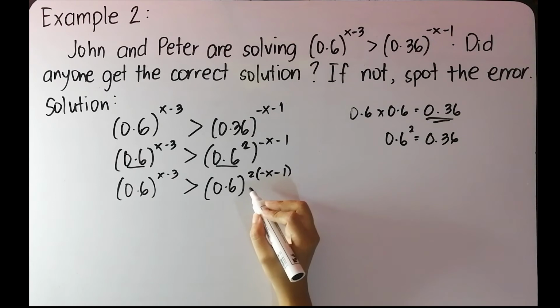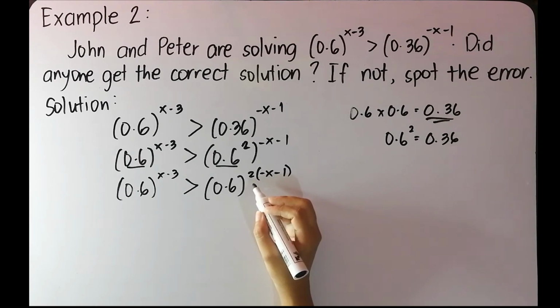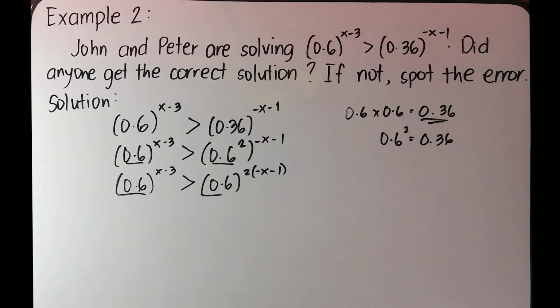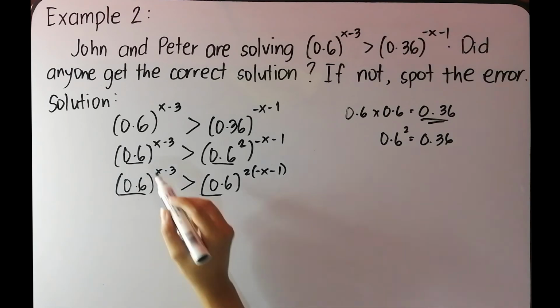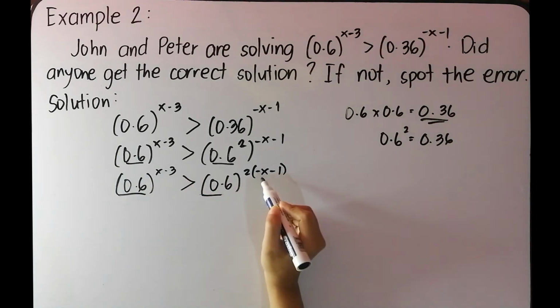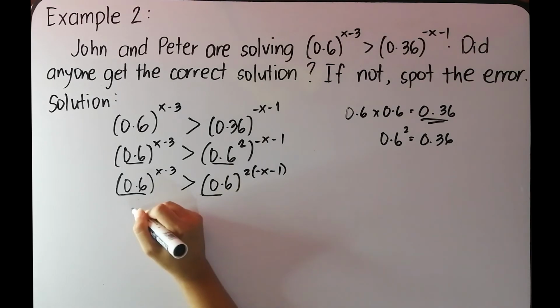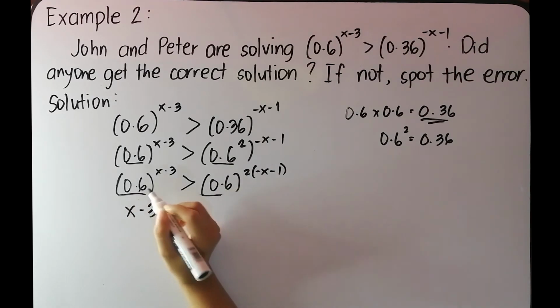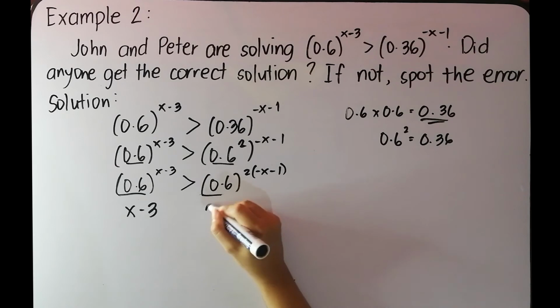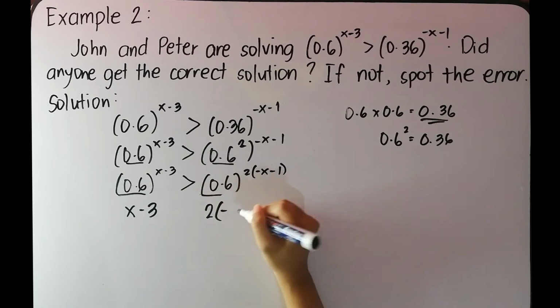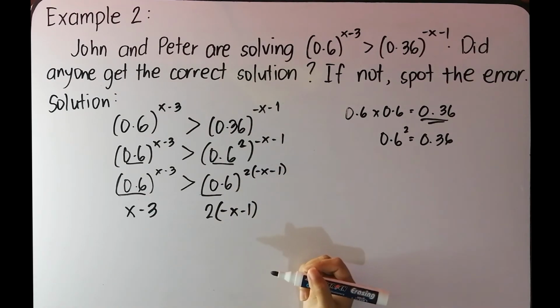Now let's get our exponents. We bring down the exponents because they already have the same base. We have x minus 3 on the left side, and 2 multiplied by (-x-1) on the right side.